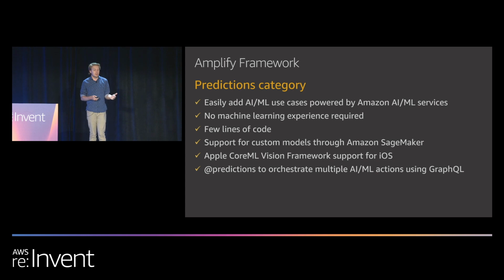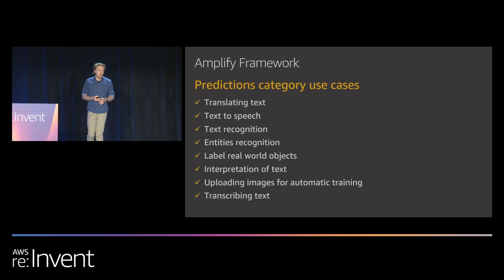There are a lot of other things we added as well, including a graphical transform that he talked about earlier called Predictions that is also enabled on our CLI. There are a lot of different use cases that we support today: translating your text, text-to-speech, text recognition from images, labeling of real-world objects, interpretation of text, uploading images for automatic training, and so on and so forth.